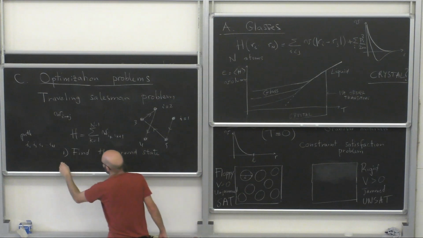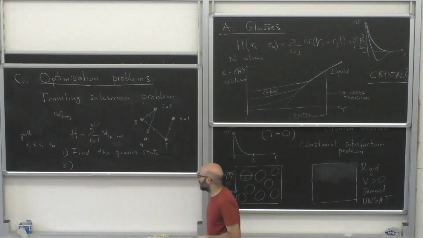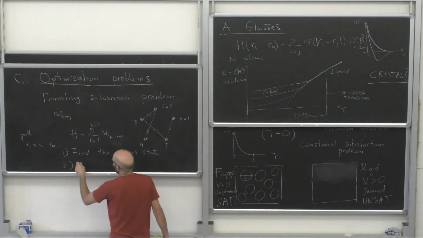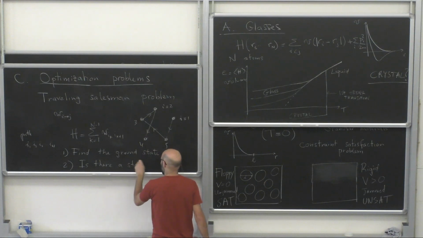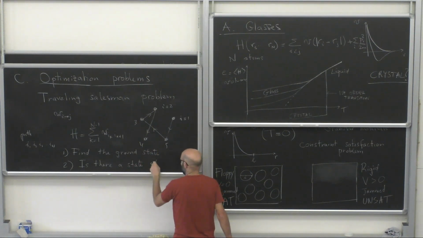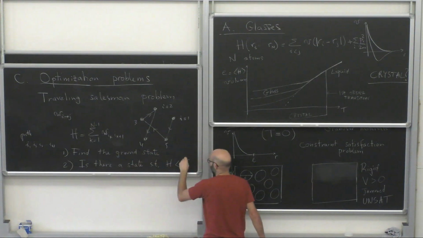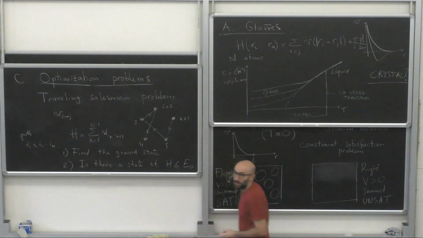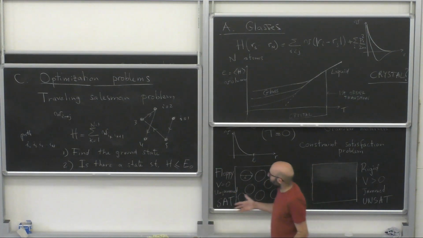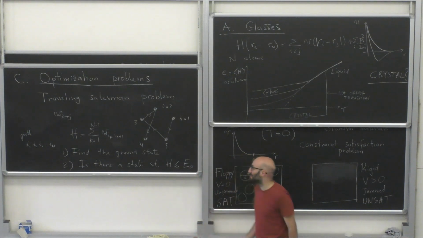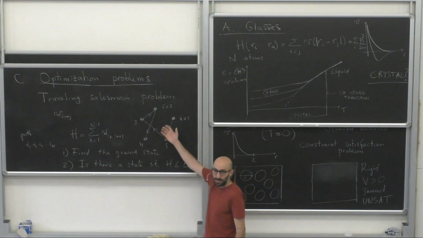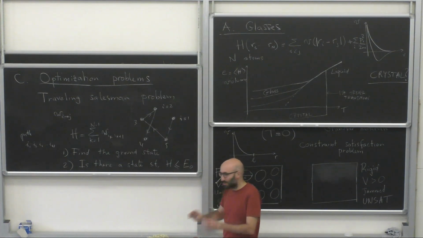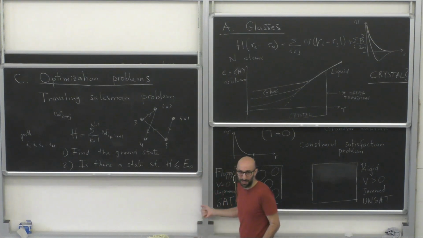But let's say a less ambitious question that you can ask is, is there a state with energy smaller than some threshold? So, for example, you have a certain budget, and you say, okay, I don't care about finding the best possible path. I just want to find one that satisfies my budget.